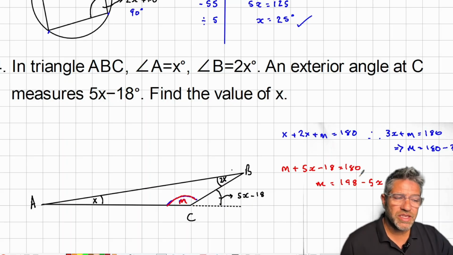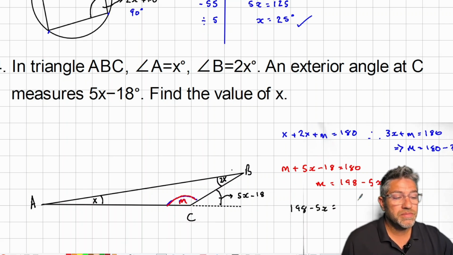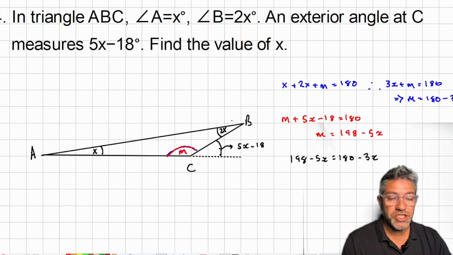So we now have two expressions for M, and M is the same angle. So these two expressions, 198 minus 5x, must equal 180 subtract 3x.